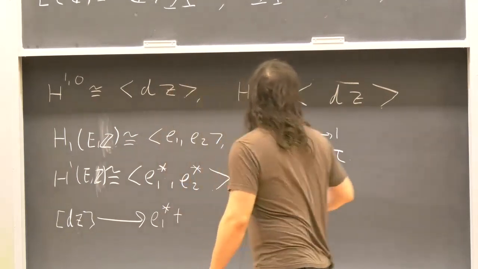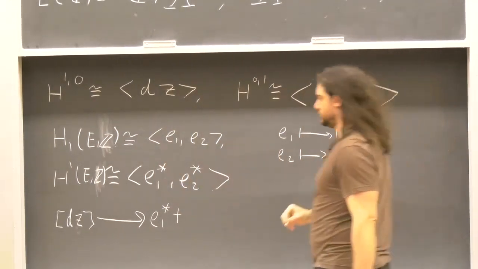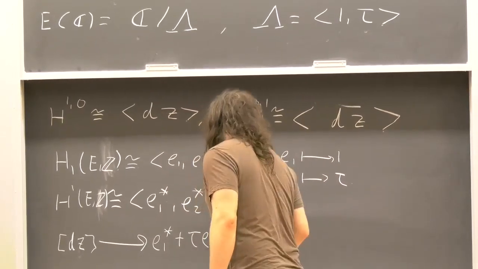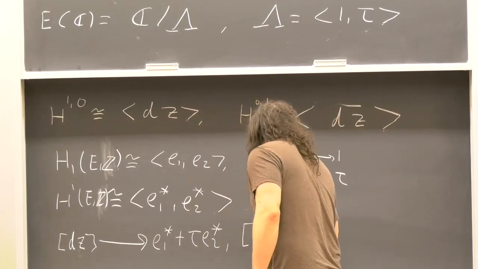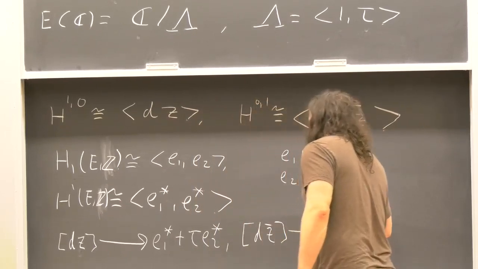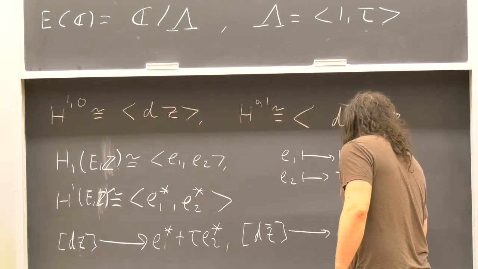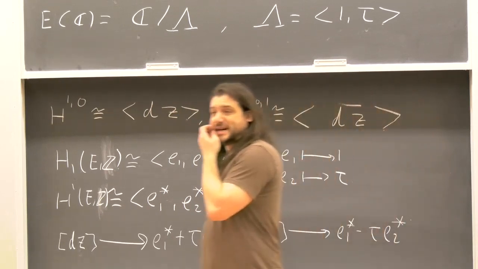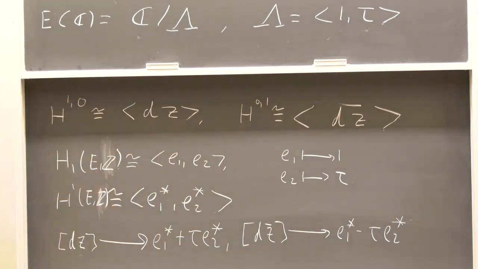And if we integrate it along e2, we just get tau. So we get e1 dual plus tau e2 dual. And dz bar is just the complex conjugate. So this maps to e1 dual minus tau e2 dual, right?